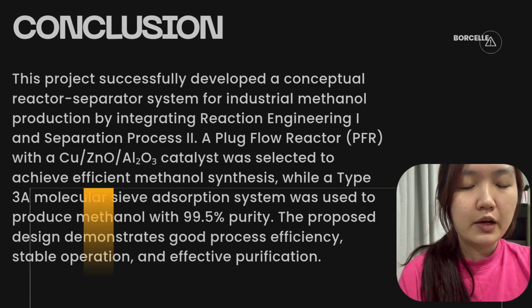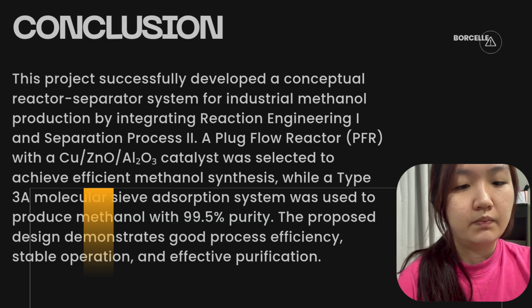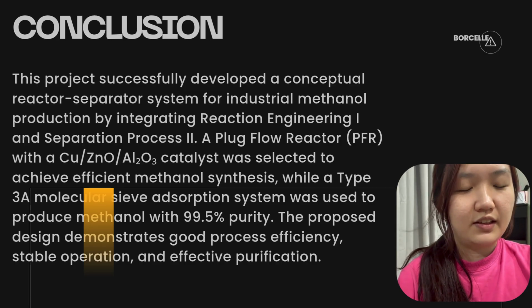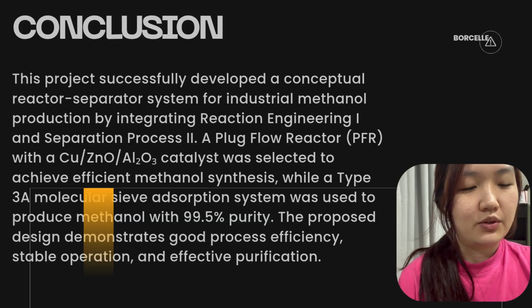Secondly, to reach high purity methanol, a downstream purification system made up of a gas-liquid separation step followed by a fixed bed adsorption column packed with type 3A molecular sieve was proposed. In practice, the adsorption part effectively pulls water out of the crude methanol stream.